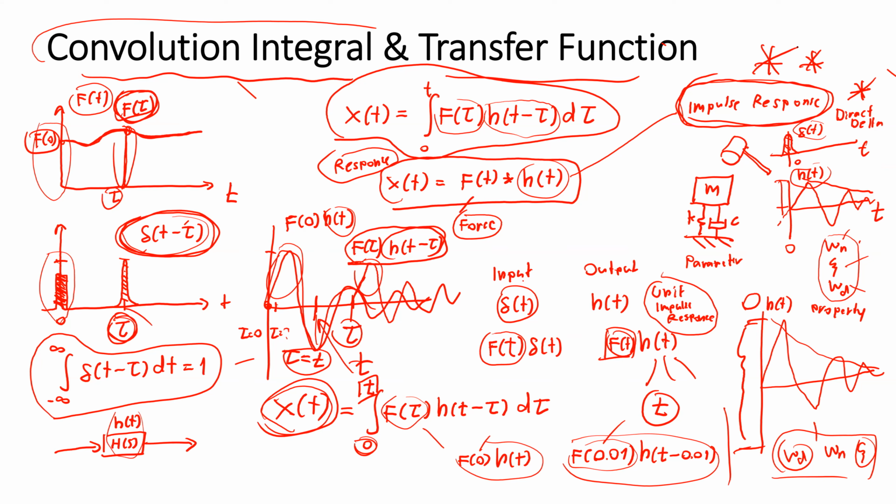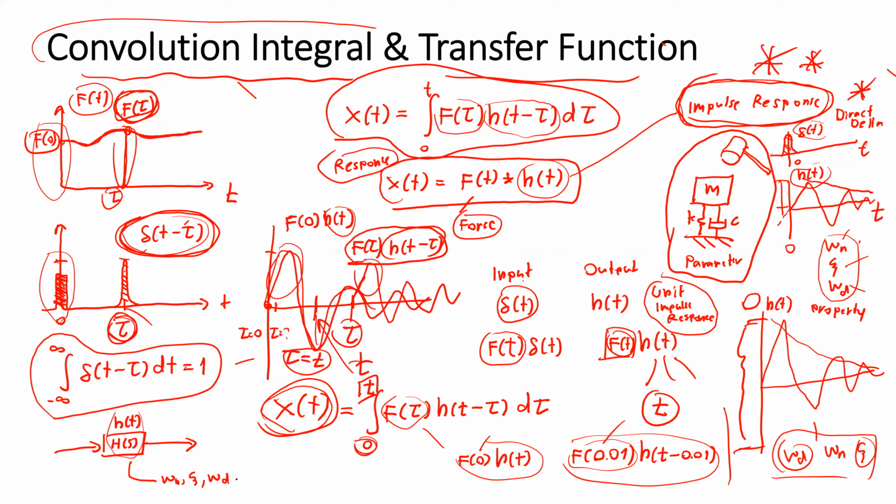The impulse response depends on the system properties: omega n, damping ratio, omega d. The physical meaning of the impulse response is, if we have one vibration system and we hit it with a hammer, how is it going to vibrate? By a unit impulse input, a direct delta function, it is going to show the system property.